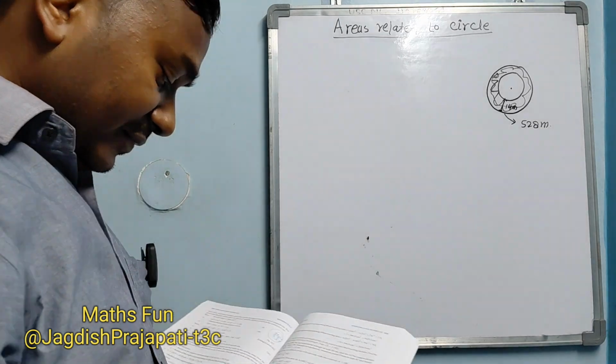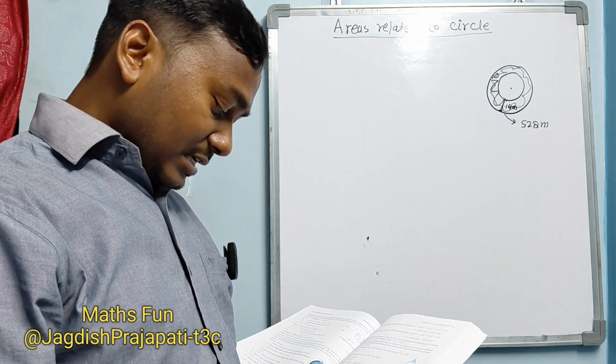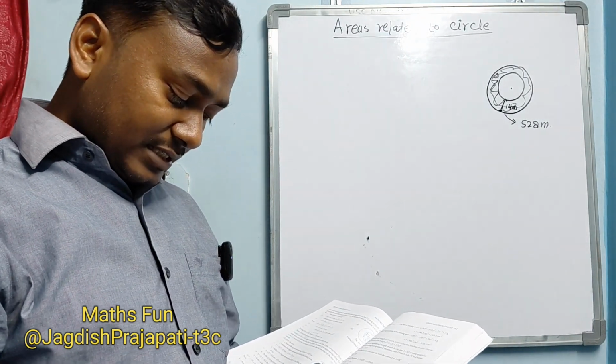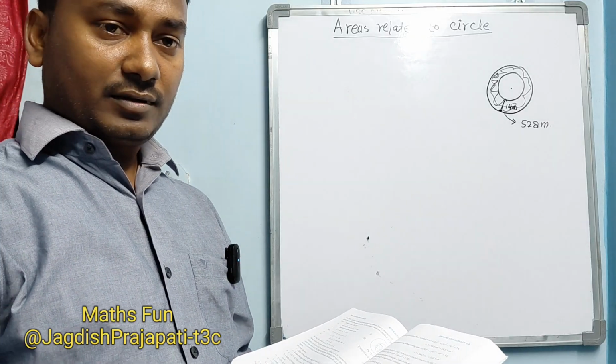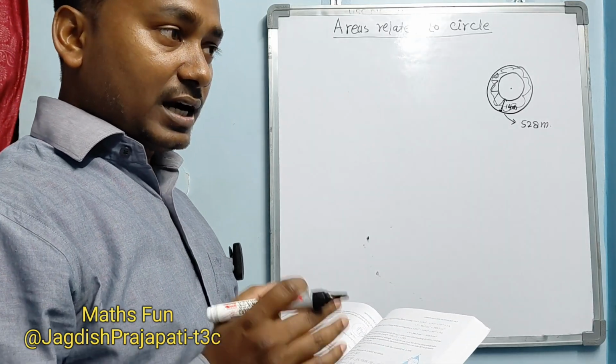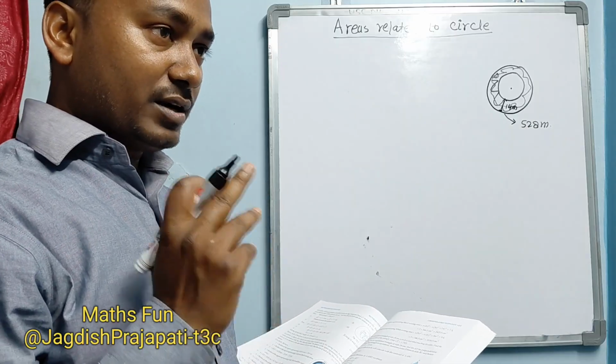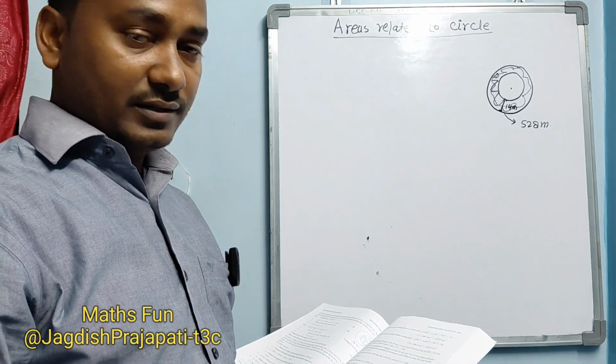See, now here it is given that the cost of leveling the track is 50 paise per square meter. So the cost of leveling the track for 1 square meter is 50 paise.